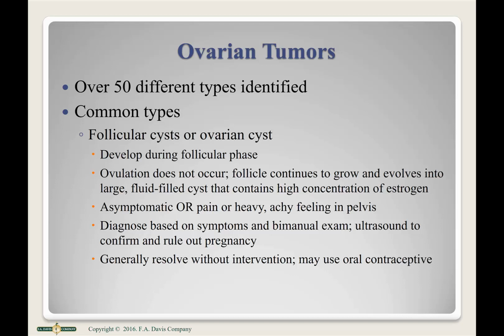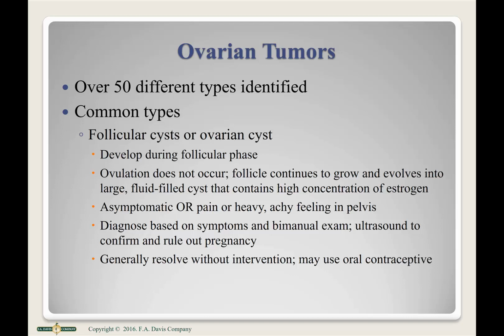So it's diagnosed by bimanual exam. A bimanual exam is a vaginal exam where the practitioner puts pressure internally and puts pressure externally to try to palpate that ovary and feel that it's enlarged. But even though she does that, she may or may not be able to feel that enlarged ovary.